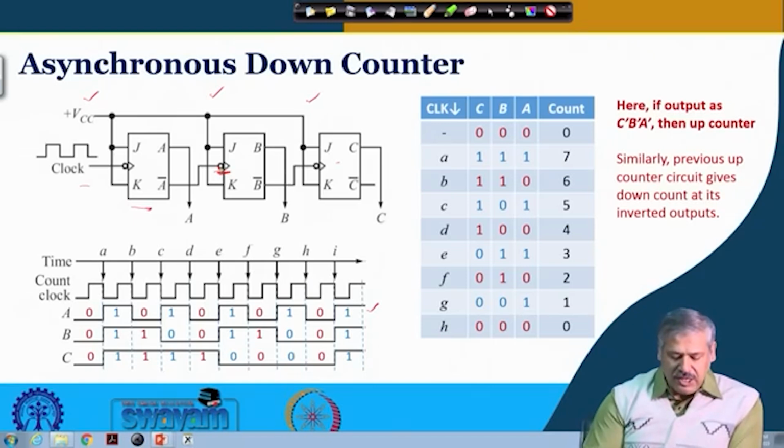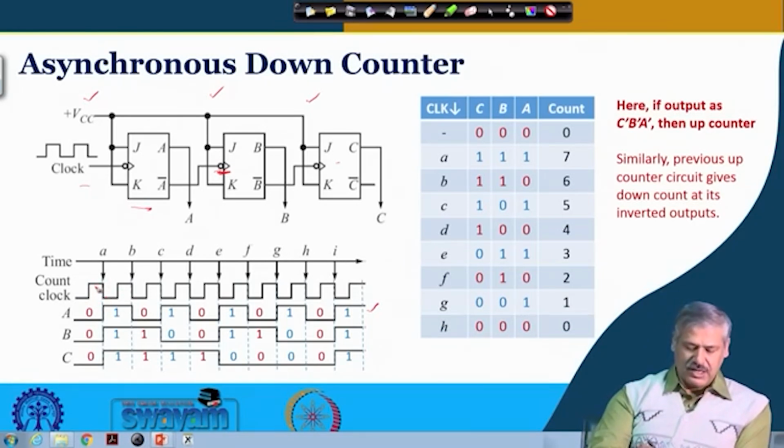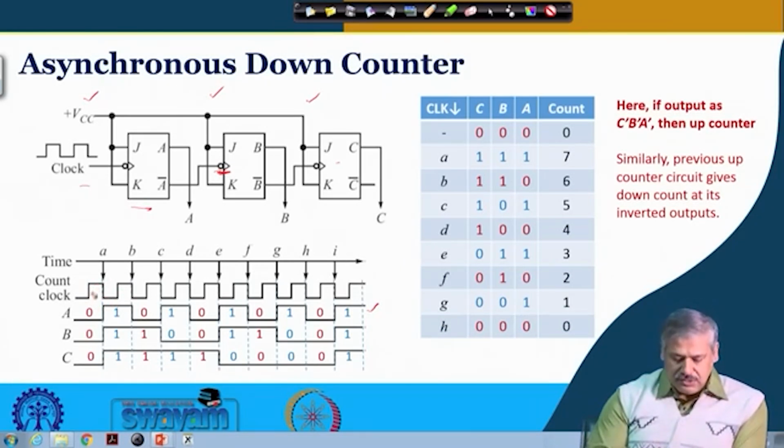A is going from low to high here, so A bar will go from high to low.